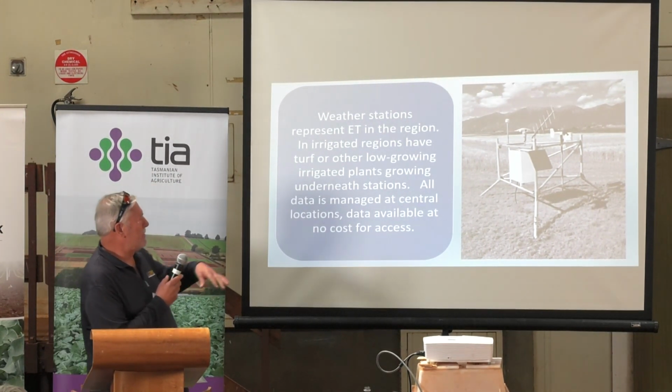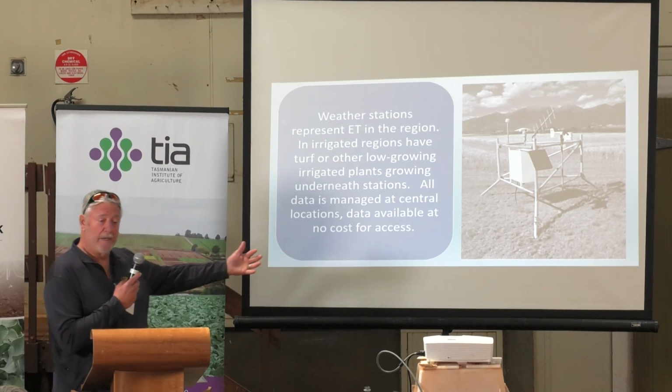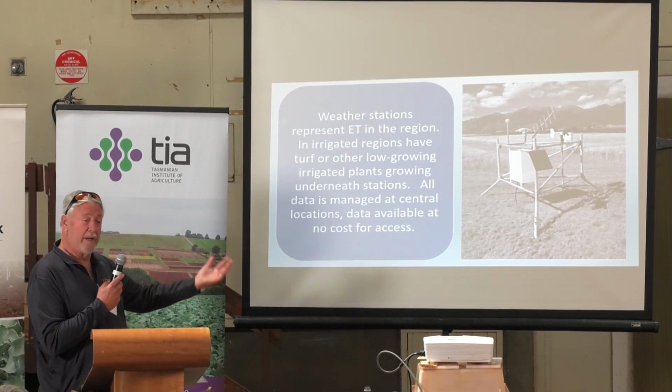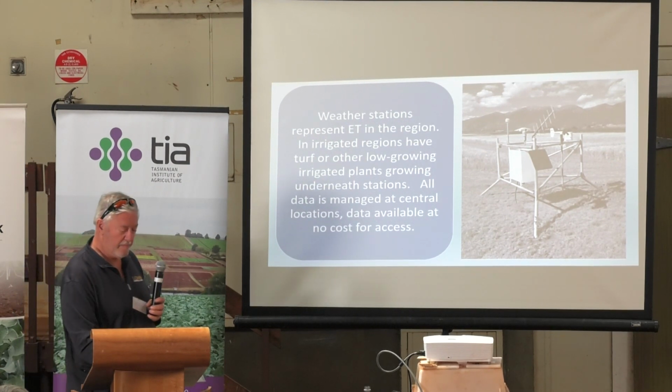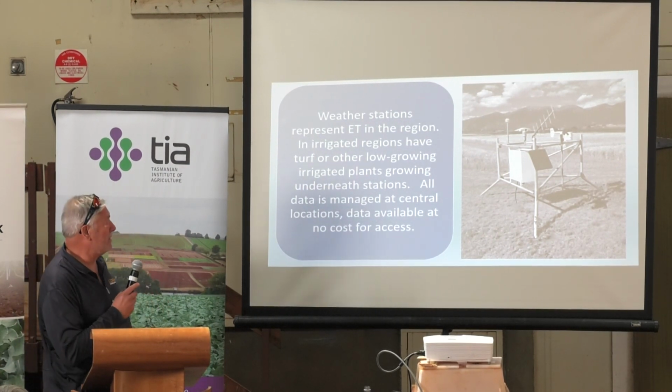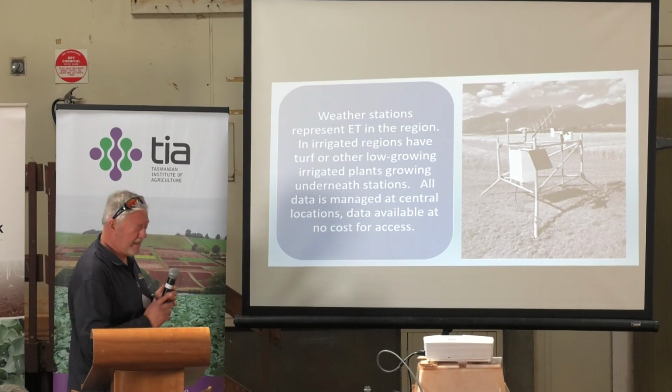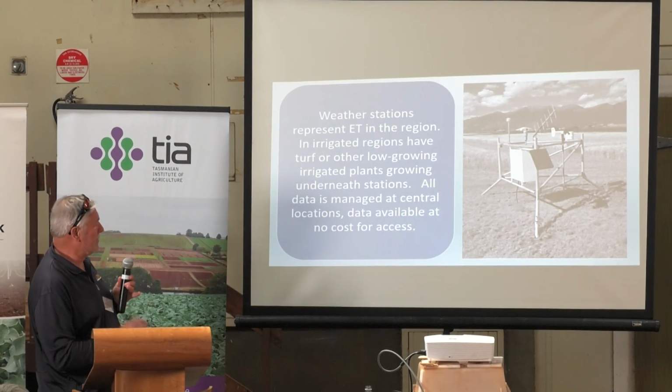And if the stations are on irrigated ground and have an irrigated crop underneath them, we can use that data to simulate what's going on in an onion or garlic field and get close enough for the model purposes.